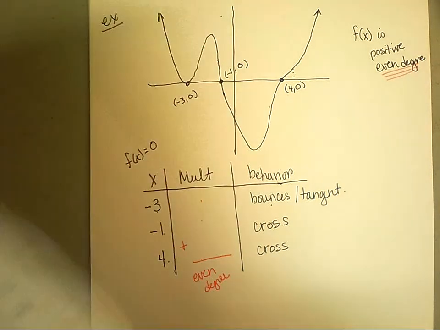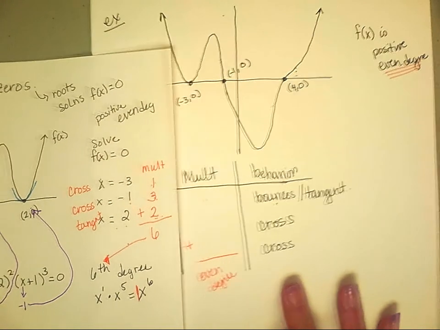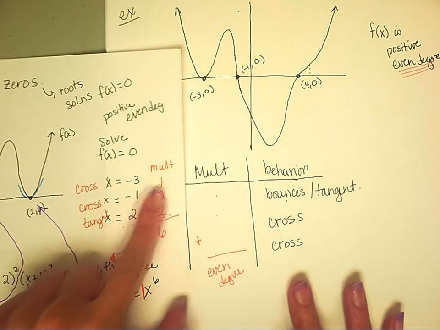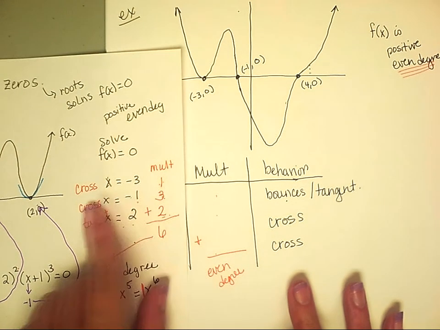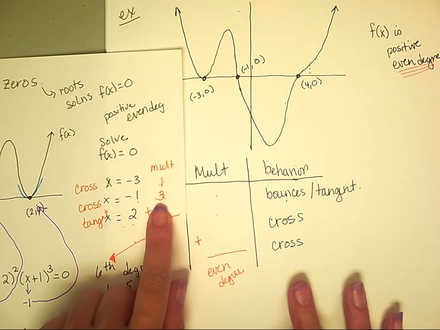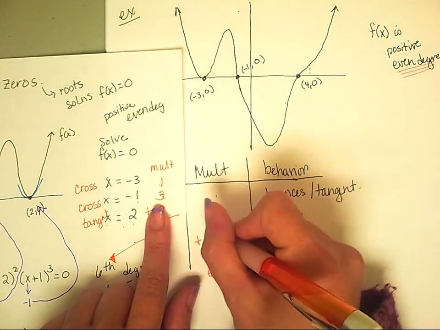But I'm thinking that there's a pattern here. Perhaps. Now here I had a crossing and the multiplicity was 1, and here was a crossing and the multiplicity was 3. These are odd numbers.